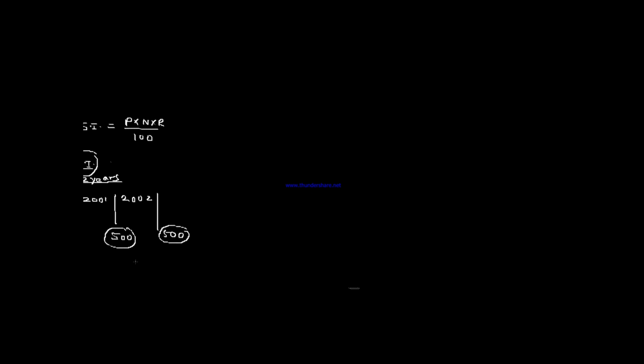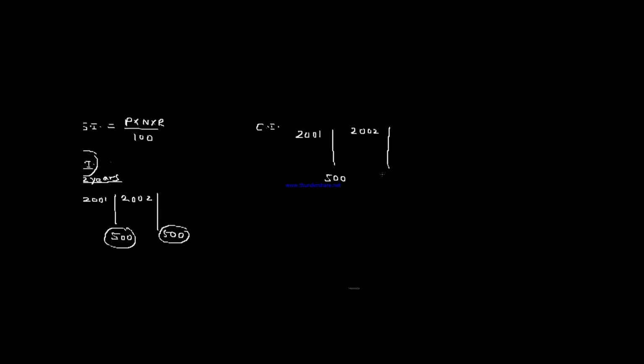But if I consider compound interest, what is the difference between SI and CI? In compound interest, the interest is going to increase. I'm just taking a rough example to make you understand. Suppose at the end of the first year I'm getting 500 rupees, so at the end of the next year I will definitely not get the same amount.